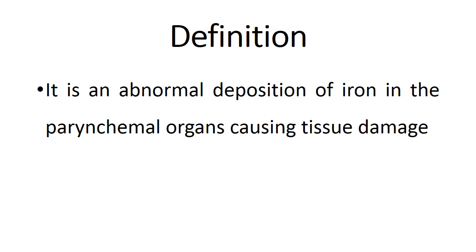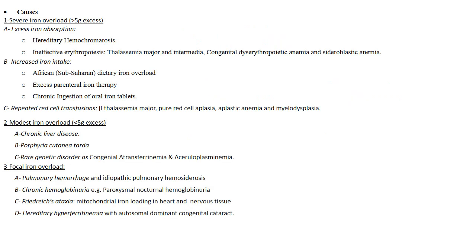Then it begins to accumulate in parenchymal tissues and causes harm and organ toxicity. How come? We said before that iron is a tightly regulated element, and we illustrated the mechanism of tight iron regulation by hepcidin, which will certainly prevent iron overload in normal circumstances.